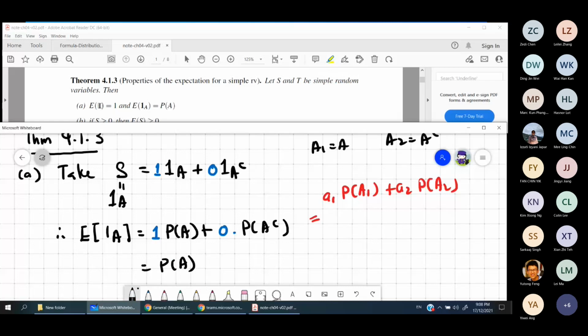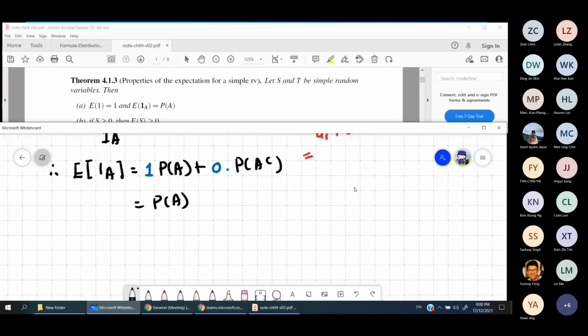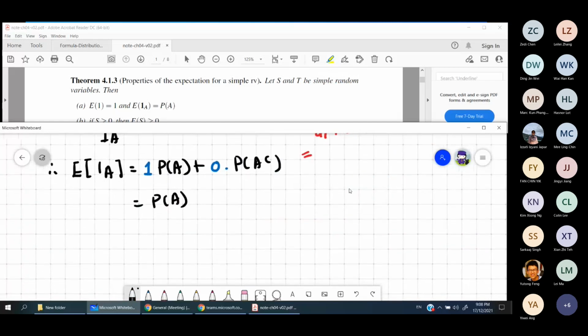And the first one is even easiest, because we can always write 1 as 1 times 1_omega. Okay, so that means in this case I only have A1 as 1, and capital A1 is we are using omega.